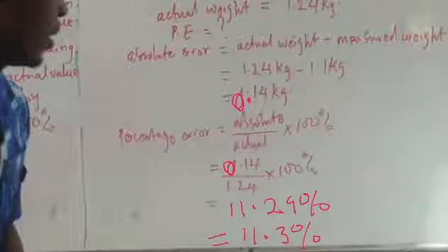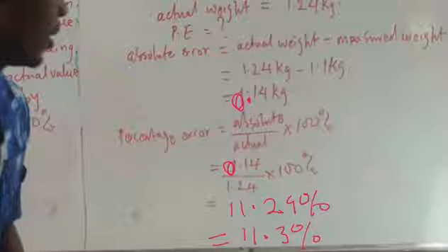By the time we divide 0.14 by 1.24 multiplied by 100%, we are going to have 11.29%. Approximately to one decimal place will be 11.3, because the next digit after 2 is 9, and 9 is above 5, so we round it up.